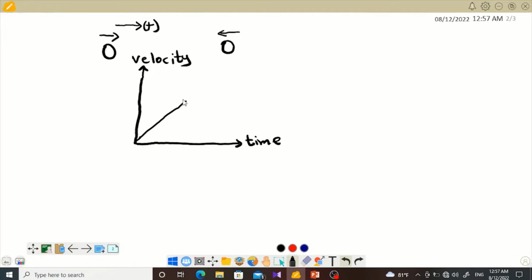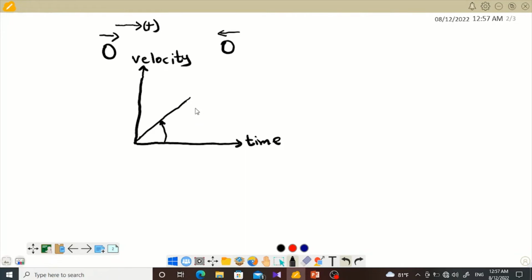This is a constant acceleration. The straight line always makes an acute angle with the positive direction of the x-axis. So this is the acute angle which it makes with the positive direction of the x-axis.